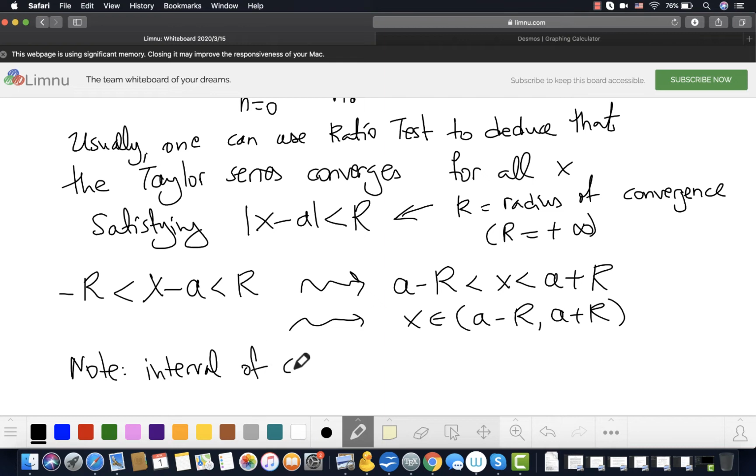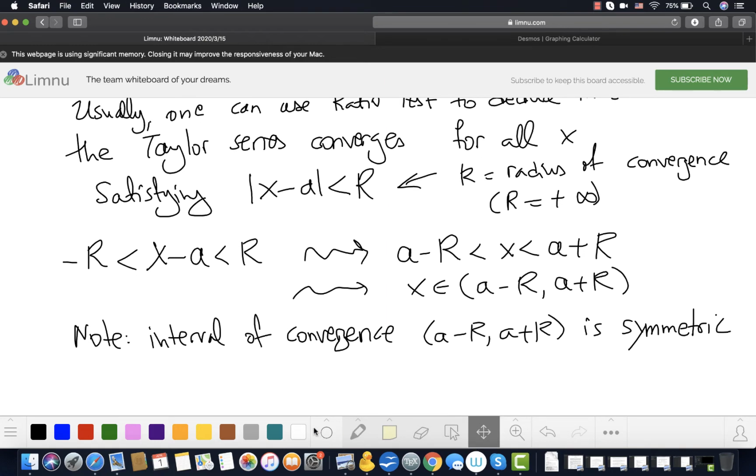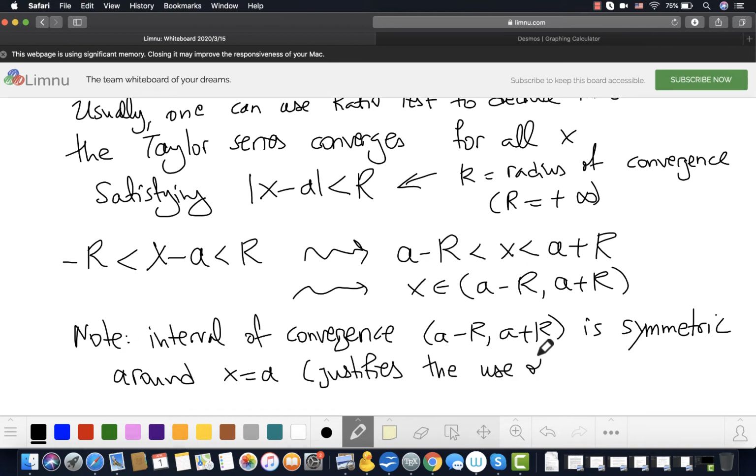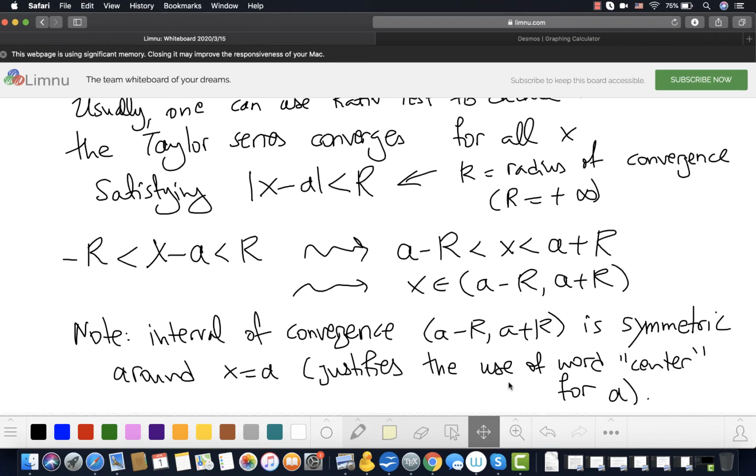So the interval of convergence, namely the interval from a minus r to a plus r, is symmetric around x equals a. And so this justifies the use of the word center for the symbol a.